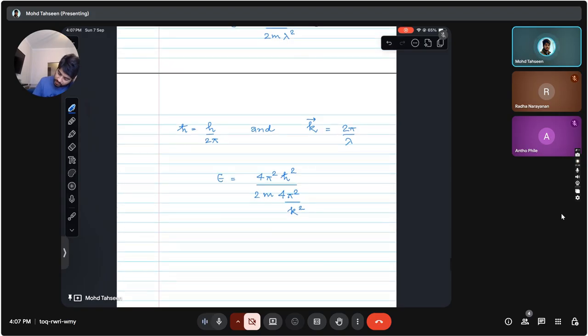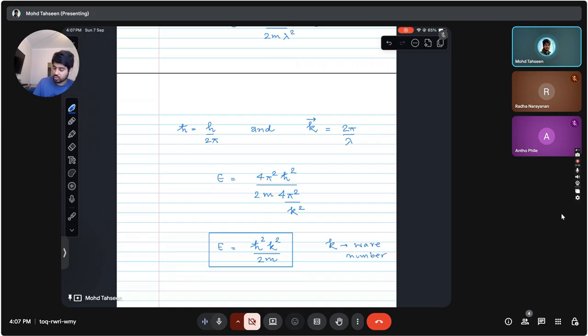Okay, so the expression for energy simplifies to h cross square k square by 2m, right, where k is the wave number.